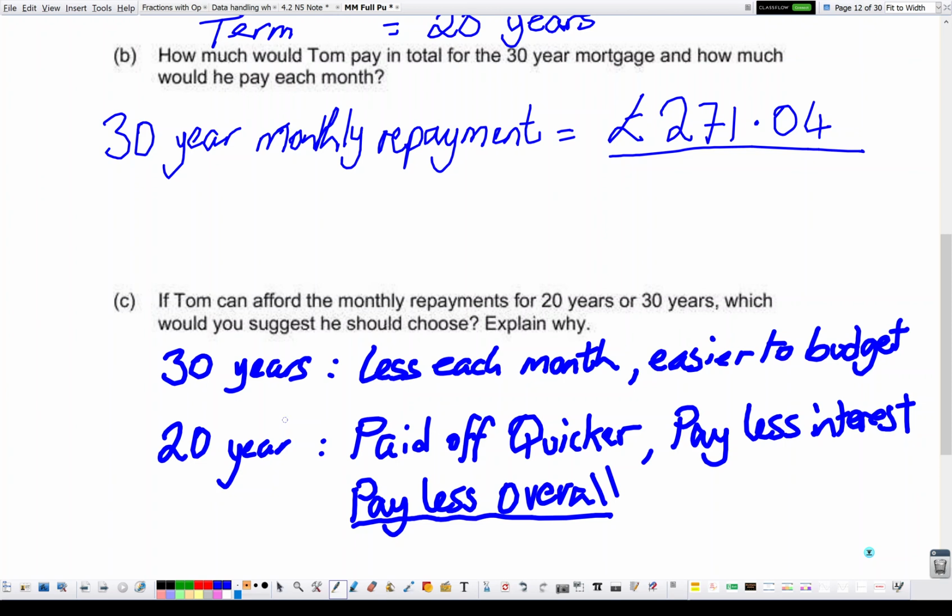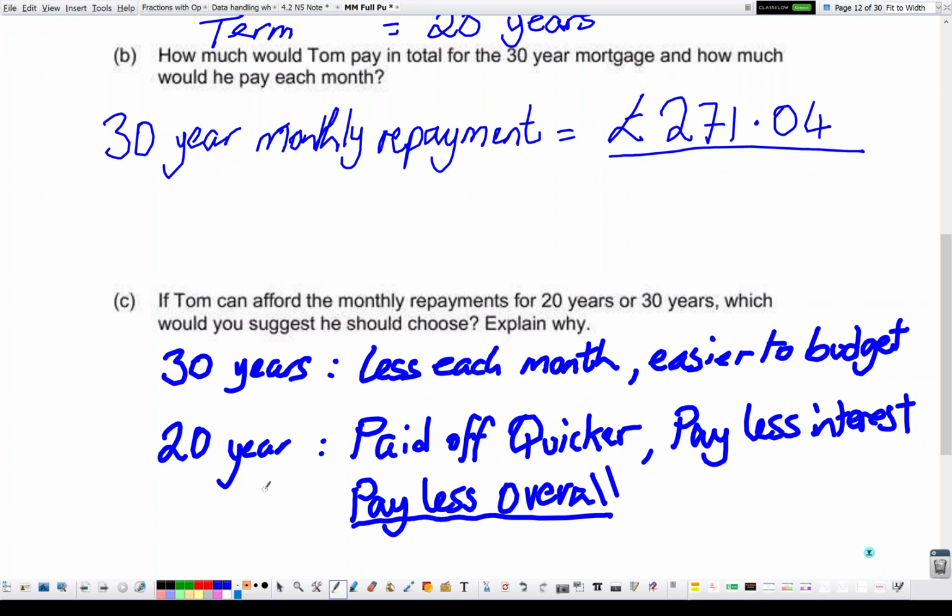So in 20 years, even though you've only borrowed 50,000, you might actually pay back 60,000 in the end when you include interest. But if you do it over 30 years, even though it's less each month, you might end up paying back like 70,000 overall. It's just something I want you to think about.